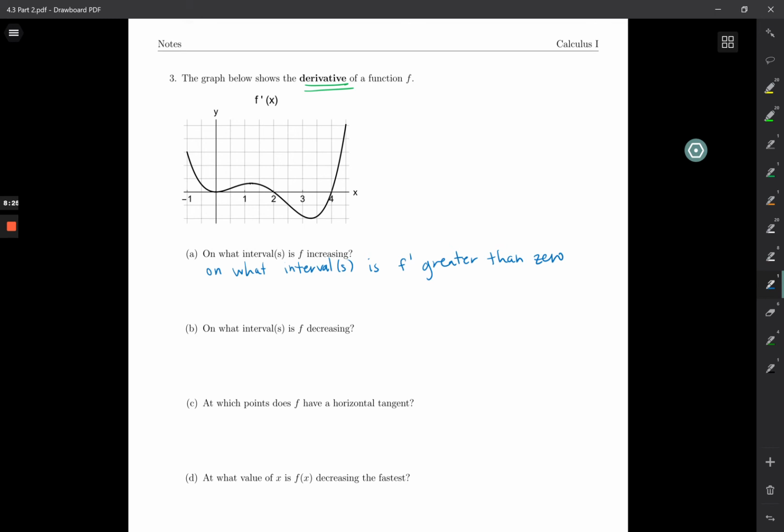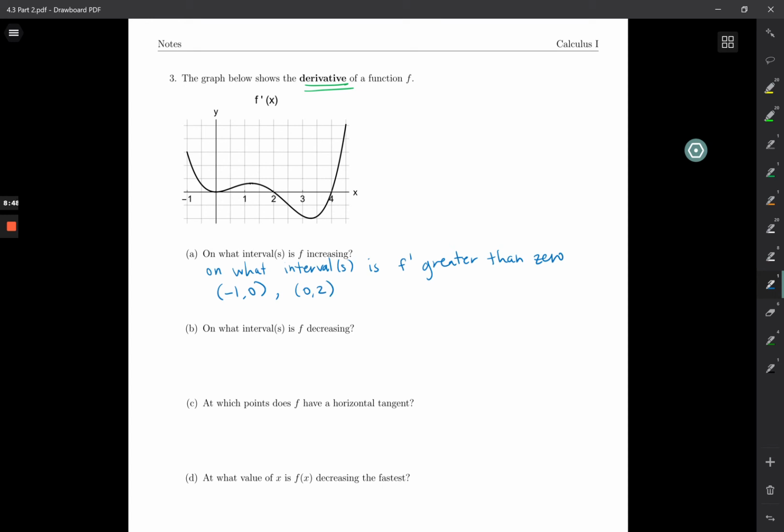At 0, it's actually touching, so we don't count that point. So -1 to 0 is one interval where f prime is greater than 0, and then between 0 and 2, f prime is also greater than 0.